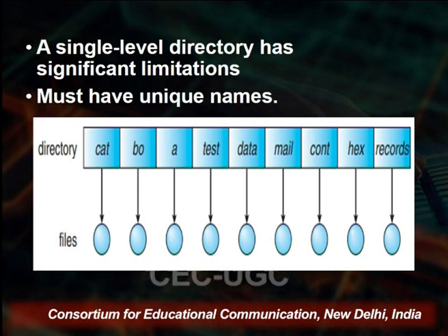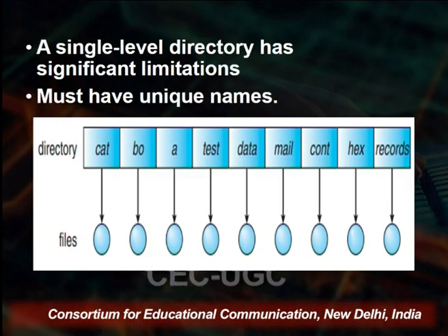So, for example, if 10 users are using that directory, it is very important for all the users to ensure that the names of the files they keep are unique, because all are going to be stored inside the single directory. The single directory structure is similar to the figure shown on the screen.